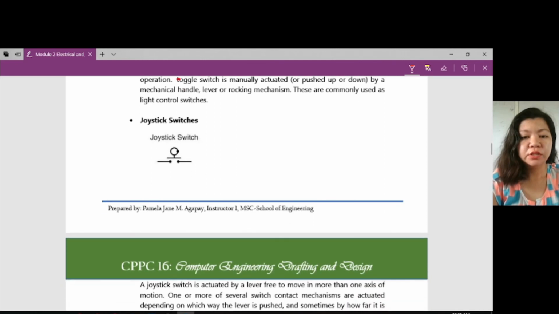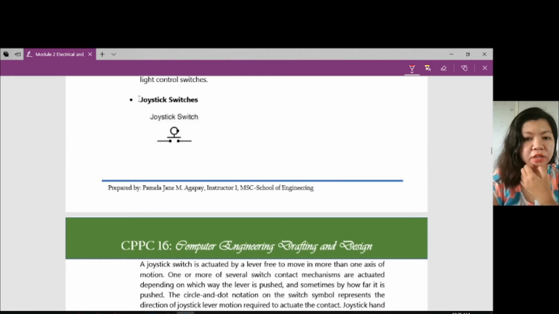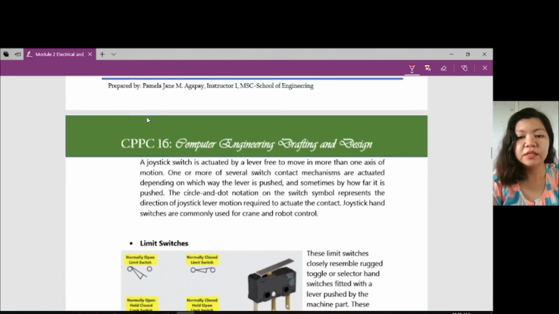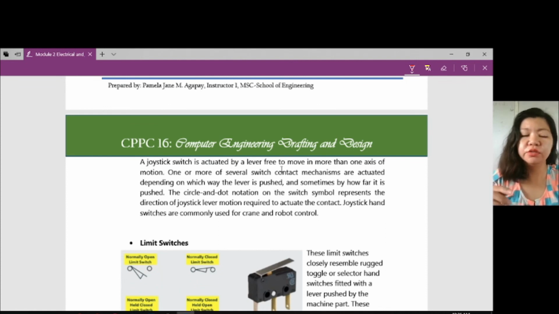So, joystick switches. Ano naman yung joystick switches? A joystick switch, this is the symbol for the joystick switch, is actuated by a lever free to move in more than one of the axes. Mas nakakapag-move siya. You know, you've seen a joystick one, yung kahit yung normal. Paano siya nag-work? Paano natin nilalaman kung alin yung masaswitch sa kanya? You can actually turn this one right, up and down.